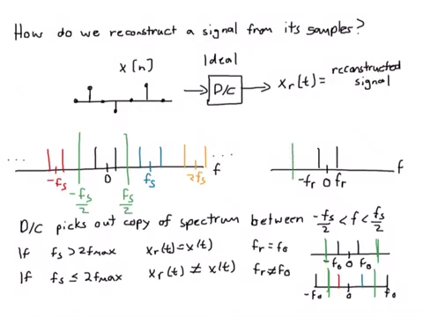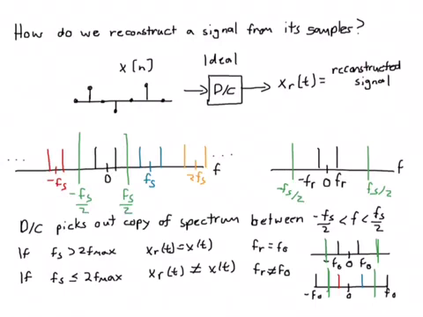So the continuous time signal is only non-zero between minus f sub s over 2 and f sub s over 2, and we end up with a reconstructed signal that lives in this region. There are zeros outside of this, and no more copies over here. So this is an ideal D to C box.